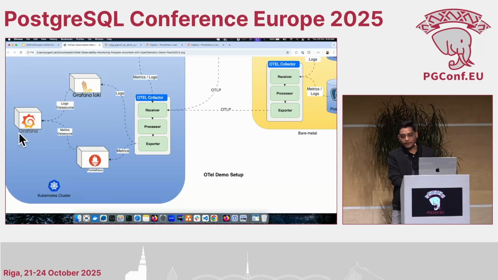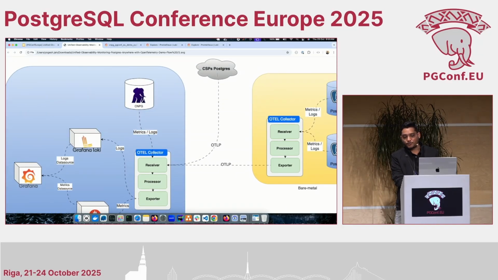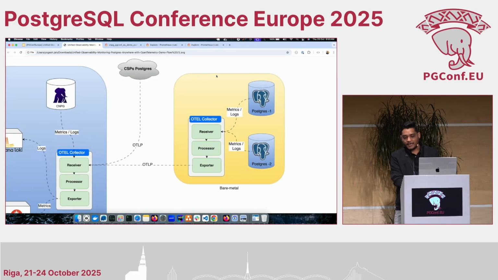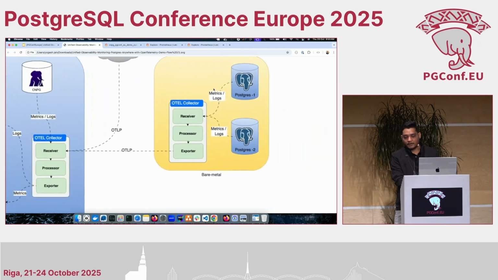This is where we are going to have our unified observability. But as I mentioned, it can be running on multiple platforms. We have some cloud service providers that I will not go in depth on here. But some of the customers might be running the data in bare metal clusters.